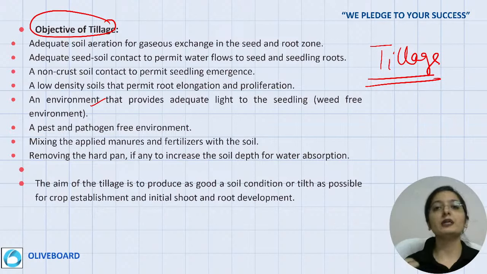In the agroclimatic zones lecture, I had given you a brief discussion about in which region you grow which kind of crop. Alluvial soil is very fertile, which you find around the Ganga belt, where you have that fine seedbed, and you grow crops like wheat, right?